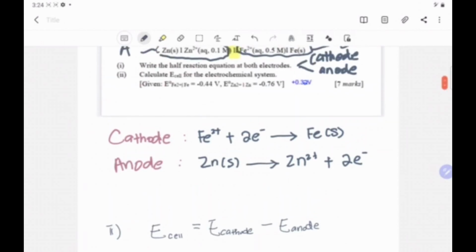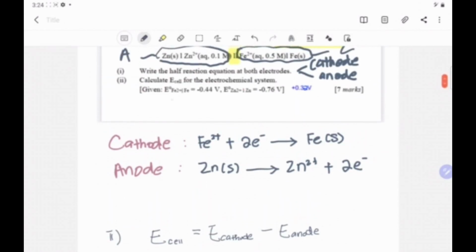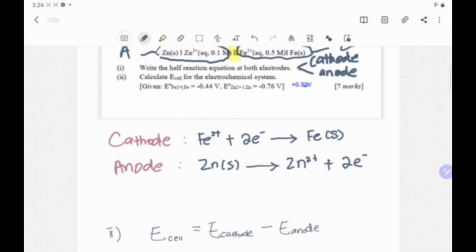You can see the question already gives the E naught for Fe2+ and Fe, and also for zinc. So all we need to do is substitute the values here.